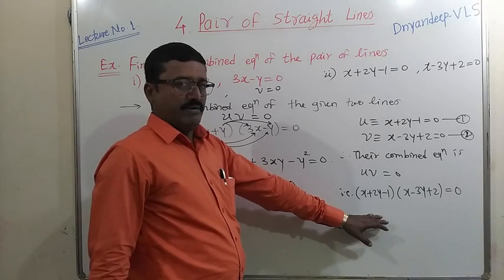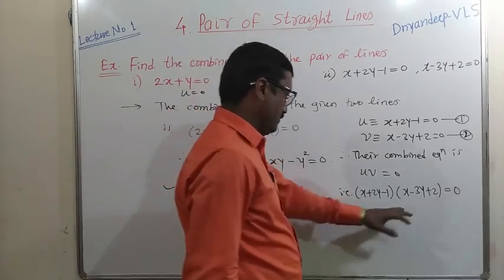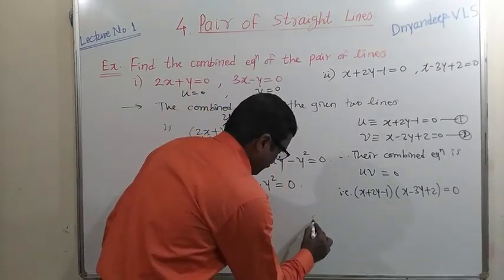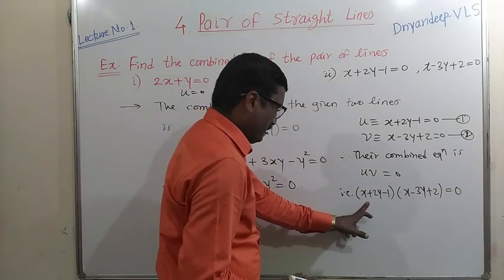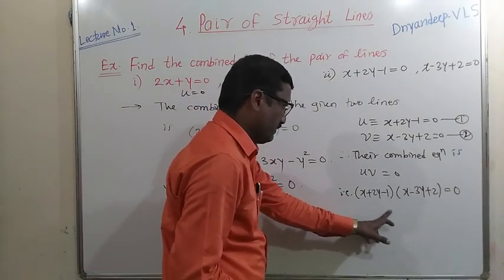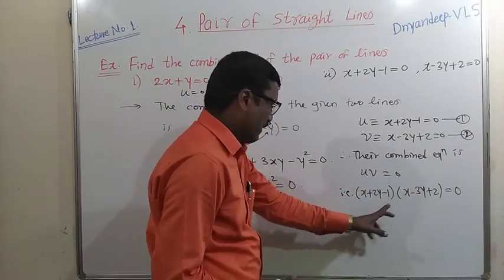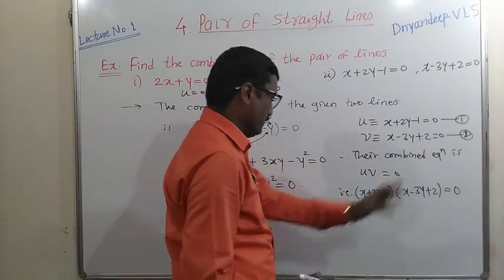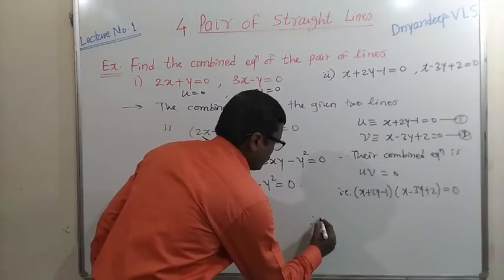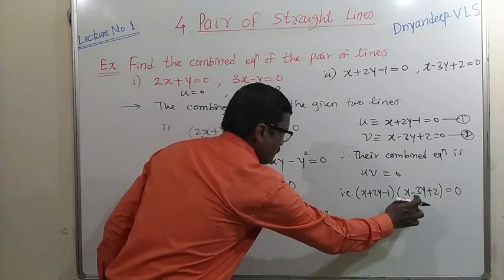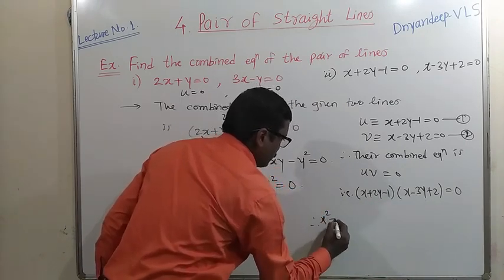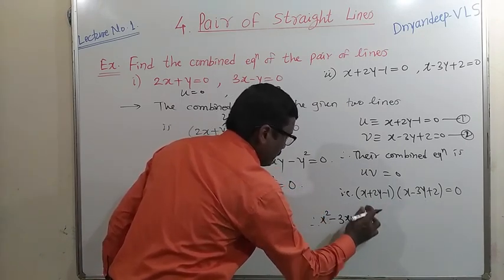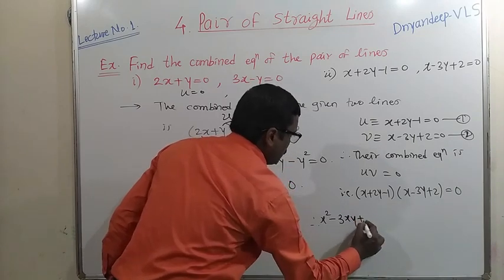This is the combined equation, but let us write this in its general form. Therefore, multiply each term of the second bracket by x, again multiply each term of the second bracket by 2y, and take the negative of each term. Therefore, you get x square first, then x into minus 3y is minus 3xy, x into the constant 2 is 2x.